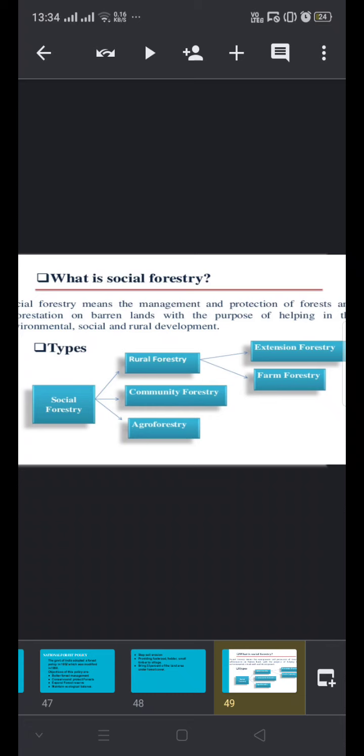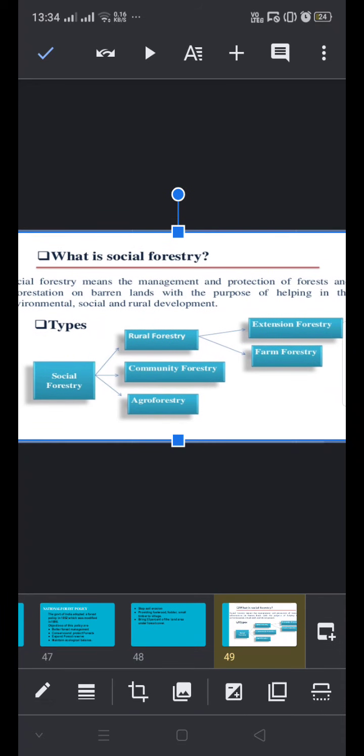It is for the community development. It consists of reforestation, joint management of forests and its production processes. So it helps in the environment, social and rural development.